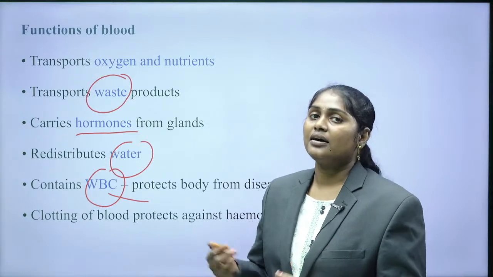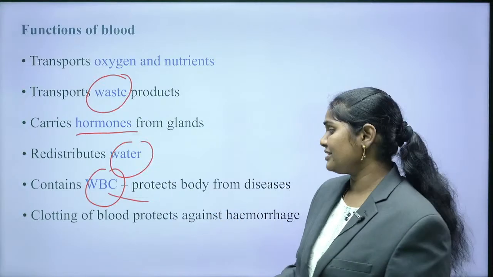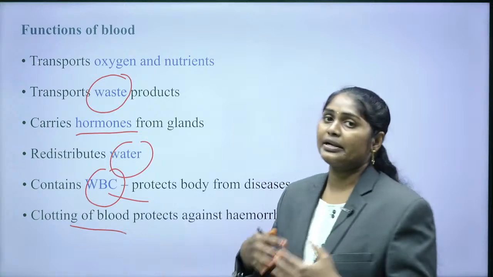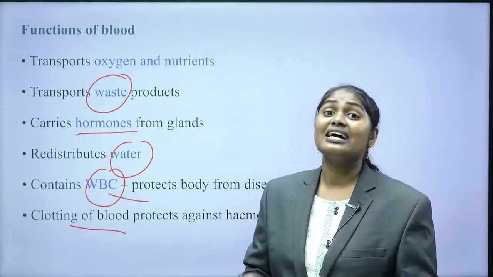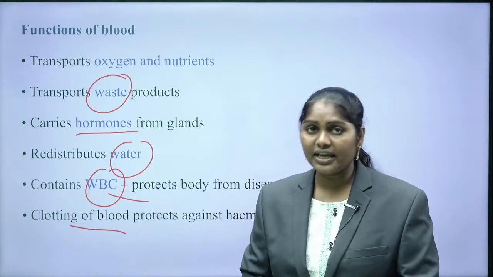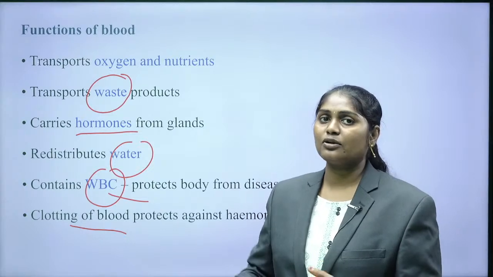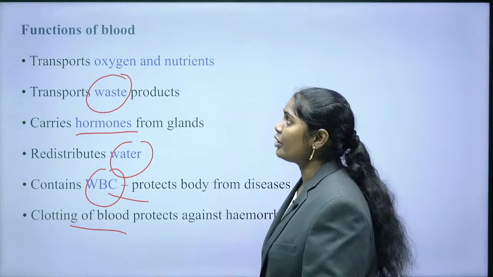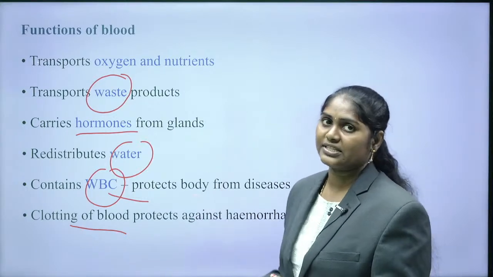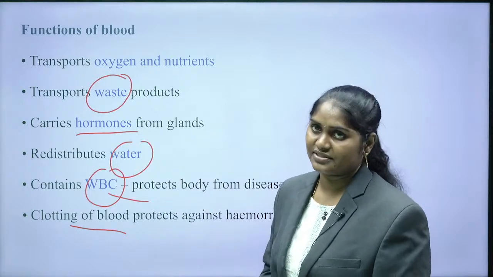Platelets and clotting factors are responsible for clotting of your blood when you have any injury inside or outside the body. So this is about the functions of blood, general points, but these are just points to know, not framable questions.